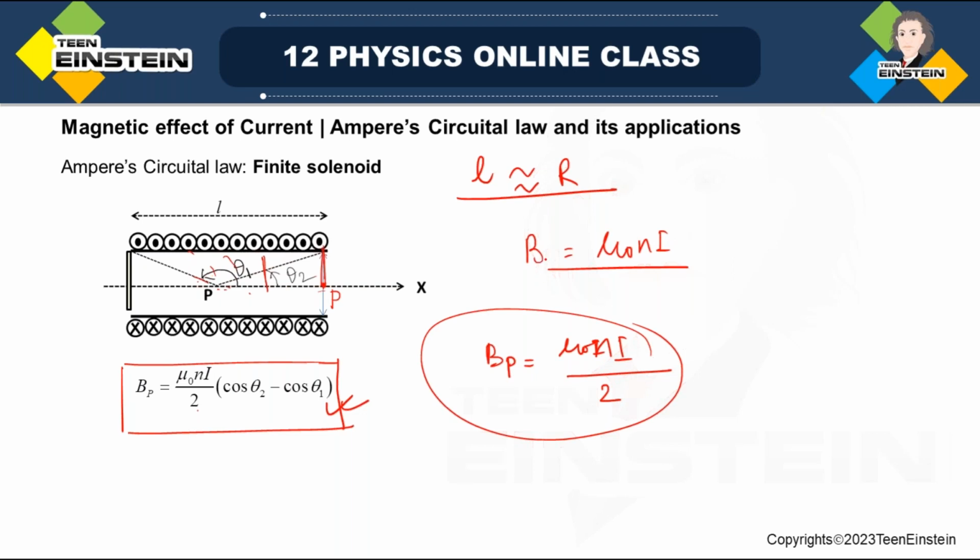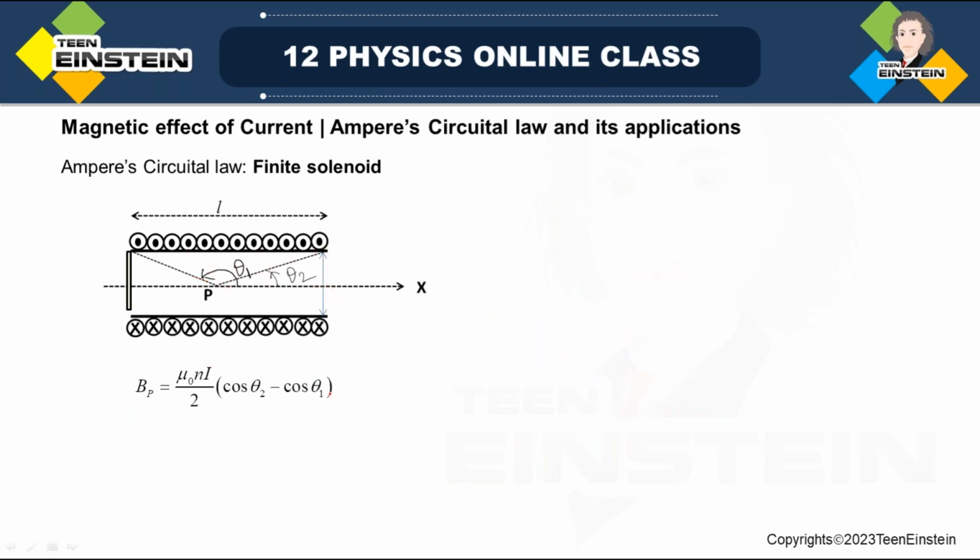Anyway, so we can say that this formula can be a general formula also. If the length is very, very long, this will go like this, so it will be parallel, so theta will be 180.